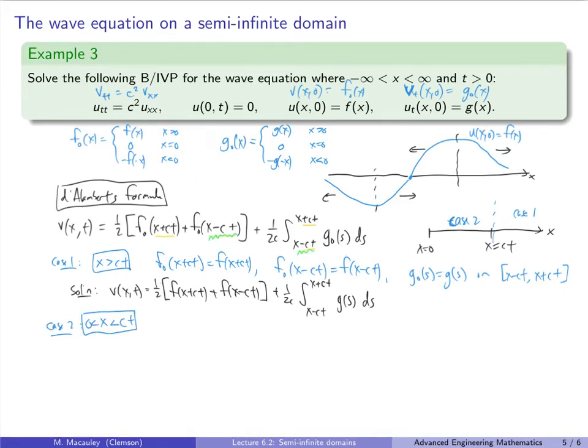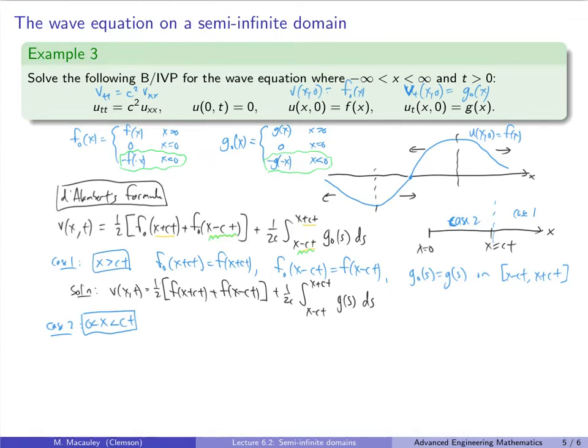So we have to use the definition of the extensions, and we've got to write this f naught in terms of negative f of negative x.